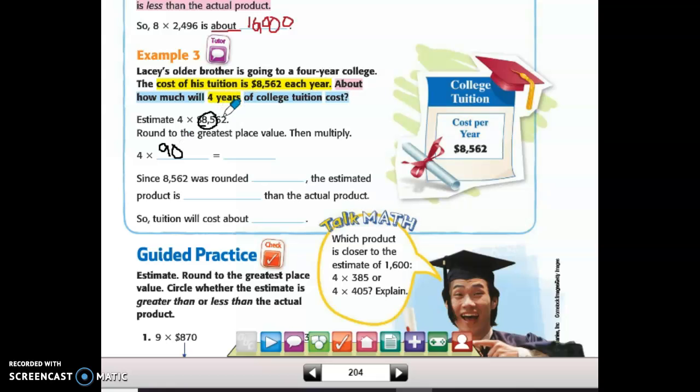And these two, the 6 and the 2, are both going to go to zeros. So we've got 4 times 9,000, but our basic fact is 4 times 9. 4 times 9 is 36. And then going back to our actual problem, we need to add those zeros.